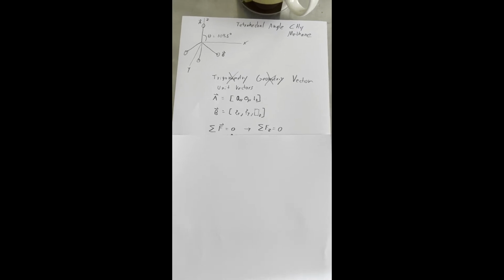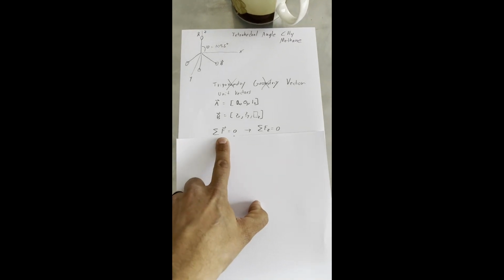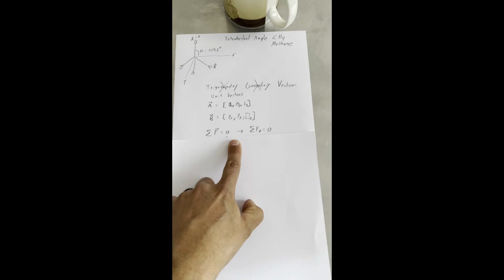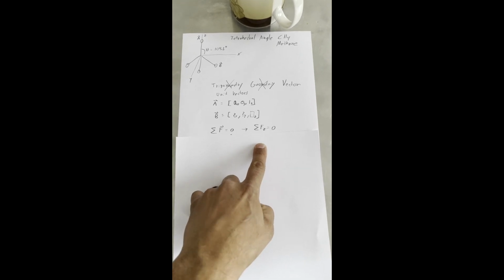So the trick here is, or one trick, is we're going to use this concept: the sum of the forces is 0. If you think of this molecule floating in space, all these unit vectors will pull with a force of 1 in all directions equally, and this molecule is perfectly balanced because this angle is the same angle between all the molecules. So the sum of forces is 0, and so we can simplify this to the sum of the forces in the z direction is 0.